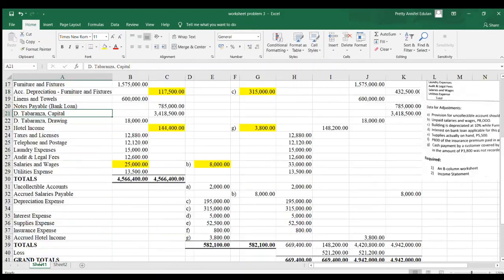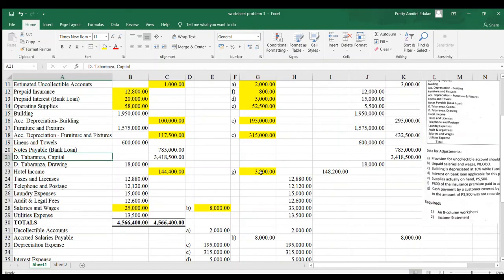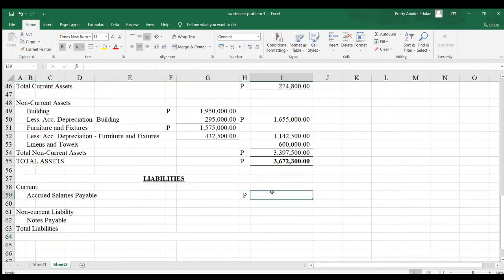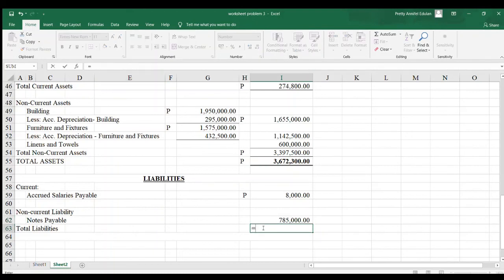So how much is the accrued salaries payable? 8,000. And the other one, 785. Then we'll simply add them. This is our total liability. Then line.